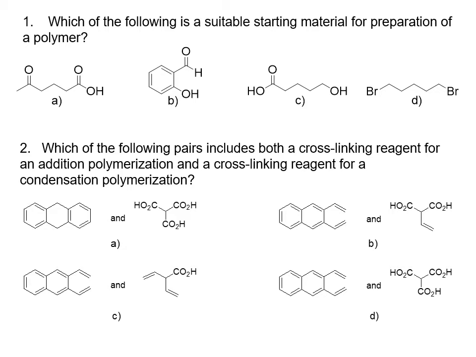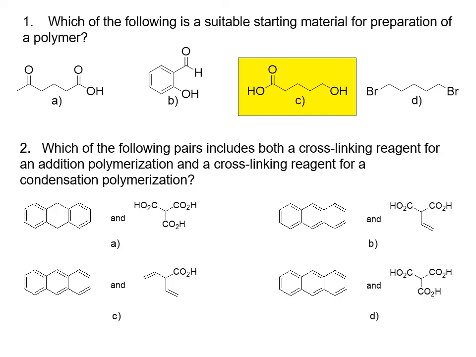Dibromide could react with something else, conceivably with some other organometallic compound, for example, let's say organocopper compound, to form a bond, let's say carbon-carbon bond, but that would require another component to form a polymer. On its own, it cannot form a polymer. So on its own, only polymerization of compound C would form a polymer, and that would be polyester.